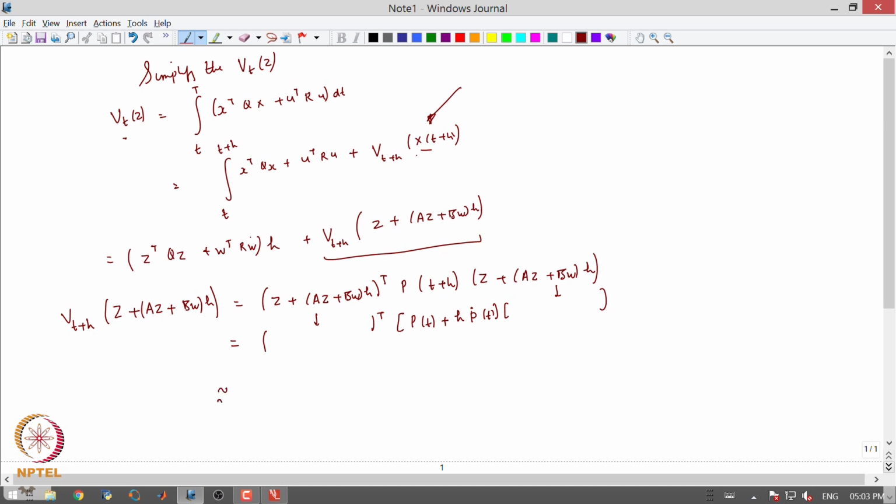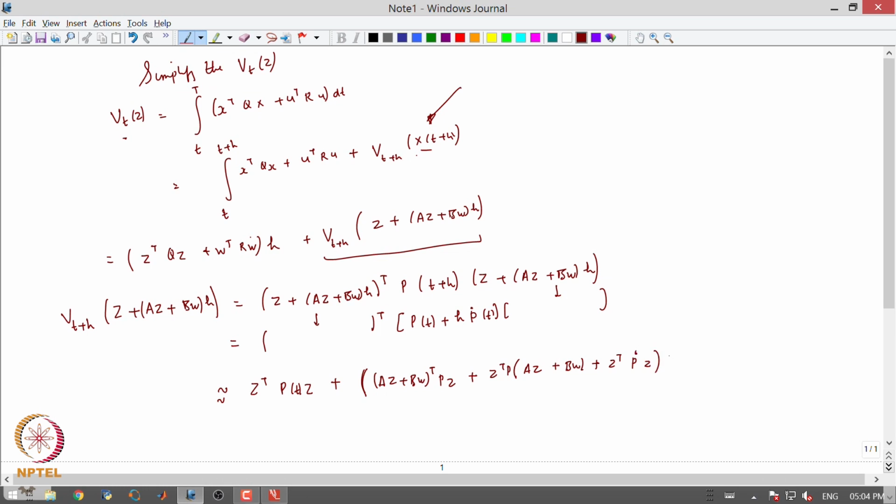Okay. Now, this can be further approximated as z transpose P z plus a bunch of terms here: (Az + Bw) transpose P z plus z transpose P, again P depending on time, (Az + Bw) plus z transpose P dot z.